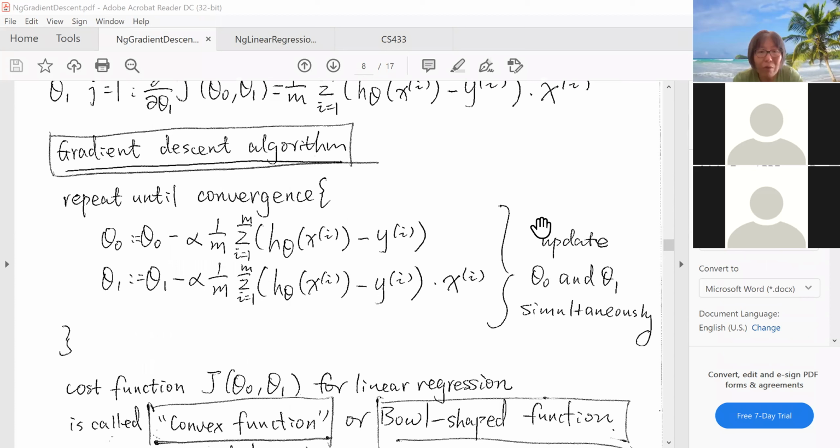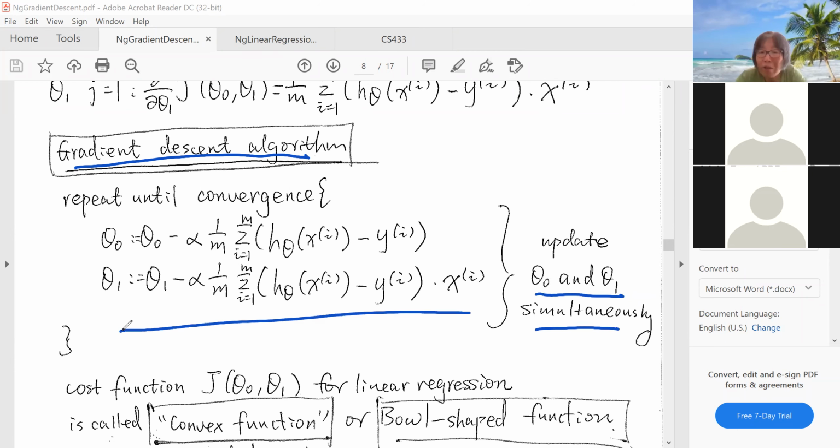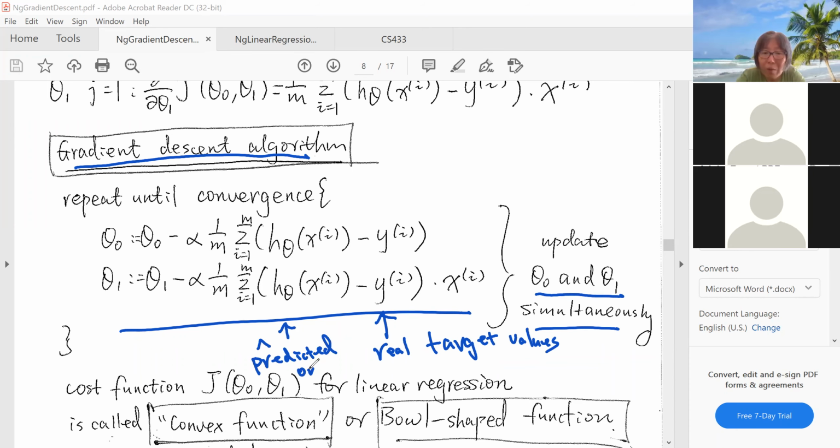From calculus. So here is just a more detailed description of the gradient descent algorithm. It just updates both W0 and W1 simultaneously using this formula. This is the real targeted value, and this is the hat one, the predicted ones.